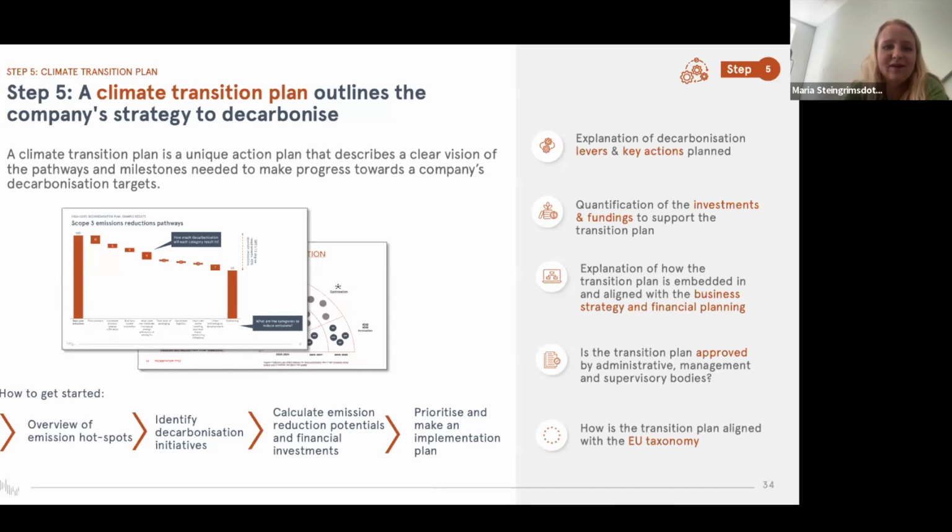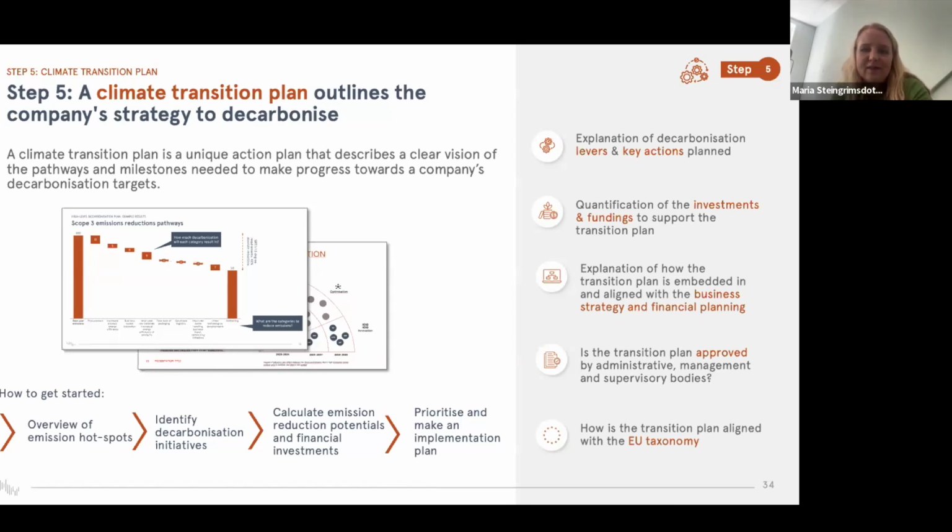But how does a process for creating such a transition plan look like? I would recommend starting out with creating an overview of the emission hotspots, and then to identify applicable decarbonization levers and initiatives to reduce these emissions.